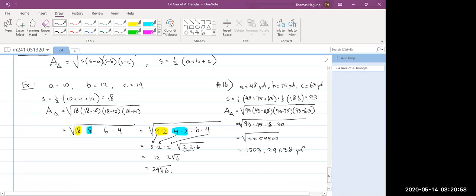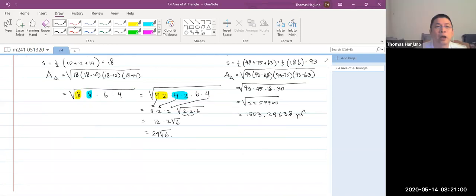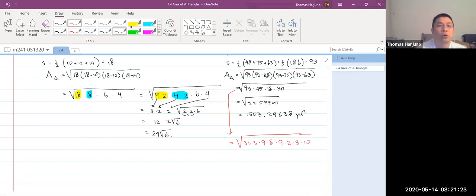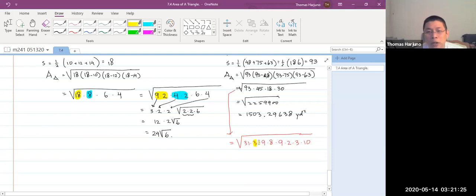Yes. Let me try if I can improve the result without using the calculator. Let's see, this is the square root of 31 times 3, 45 is 9 times 5, 18 is 9 times 2, 30 is, let me take the 3 out. So 3 times 3 under the square root gives me 3 outside.